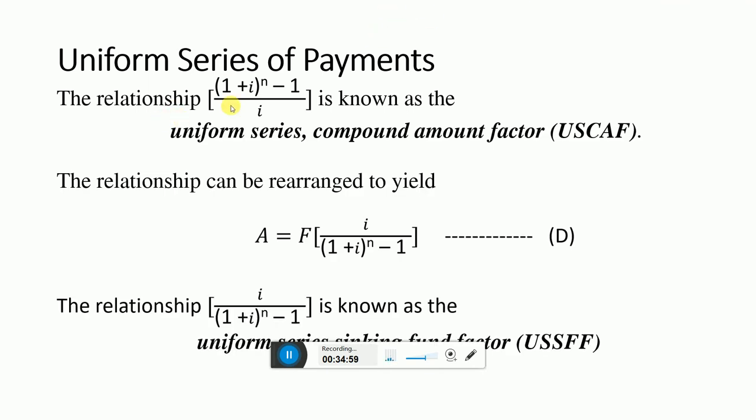So this new relationship is known as uniform series compound amount factor.